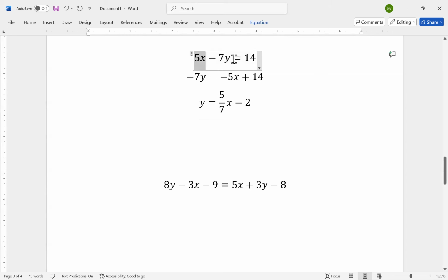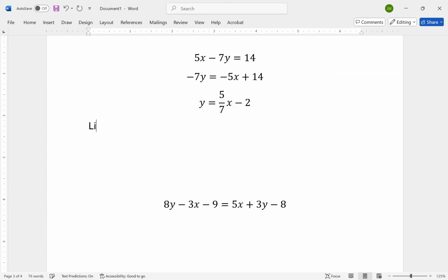So I would know that this linear equation has a line whose slope is 5/7 and whose y-intercept is 0, -2. And that means since this slope is positive, the line is increasing.